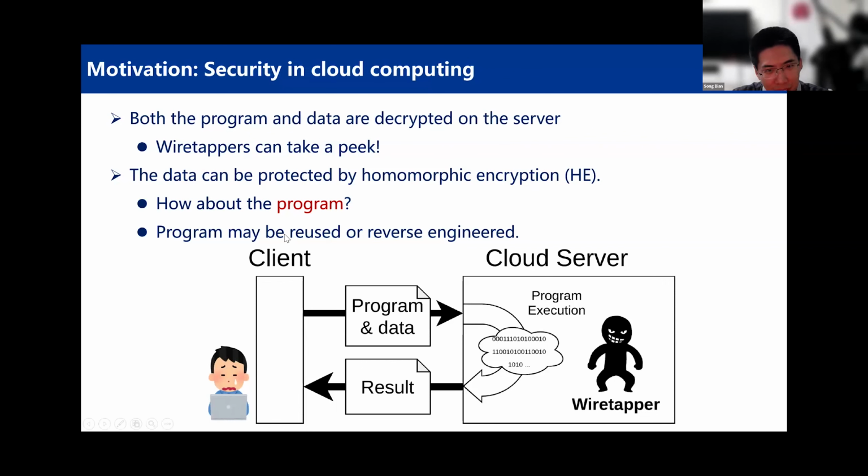Basically we can use homomorphic encryption to protect data, but for most existing works back then, the algorithms of what we're doing on the ciphertext are kind of public. We can do computations over ciphertext, but what we're doing is known to the server. The server has to do computation that he or she understands. So that's kind of what we were facing.